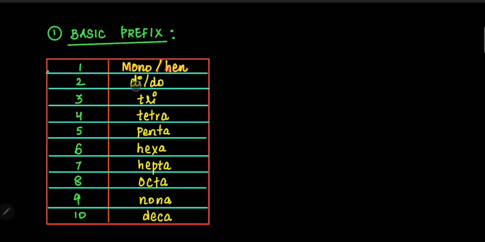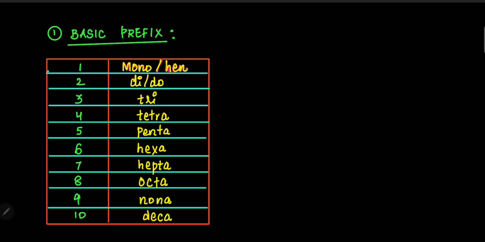When there are 2, we call it di or do. Both are used differently. We will take an example and explain that. 3 is tri, 4 tetra, 5 penta, 6 hexa. From tetra we can see that they end with a. 7 hepta, not septa, 8 octa, 9 nona, 10 is deca.